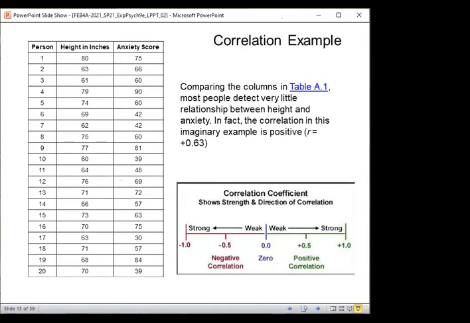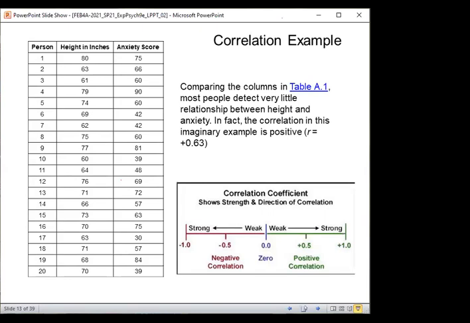So we imagine that people are completing an anxiety survey and they get a score for that survey. Either someone has already measured their height in inches or they have reported what their height actually is.